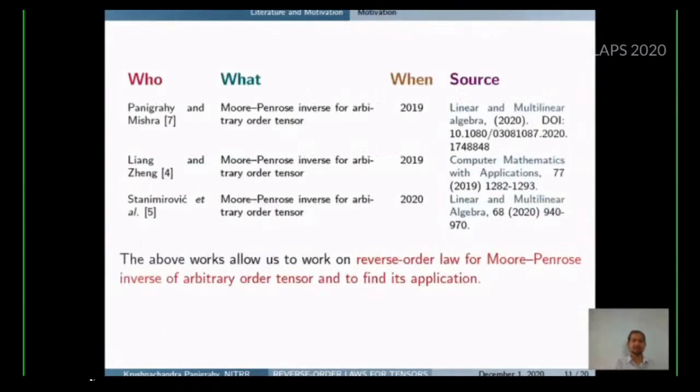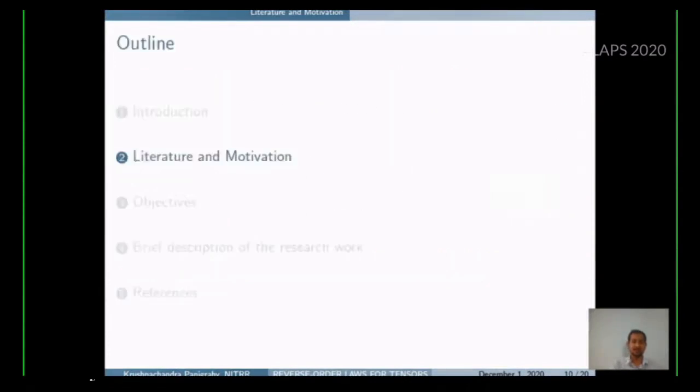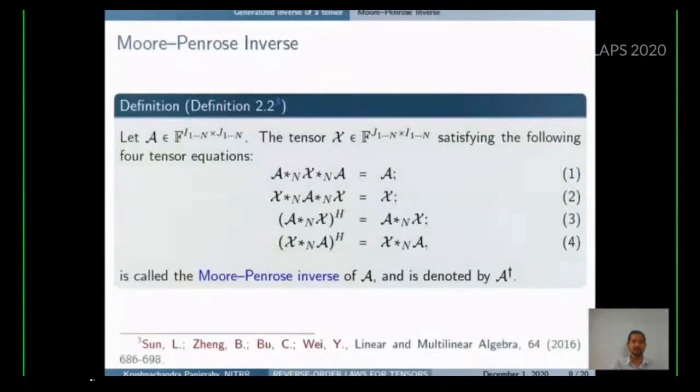And in the literature, in the years 2019 and 2020, Panigrahi, Mishra, and Liang Zhang and Stanimirović independently defined the Moore-Penrose inverse for arbitrary order tensors. Earlier we saw that Sun and his collaborators defined this only for even order tensors.